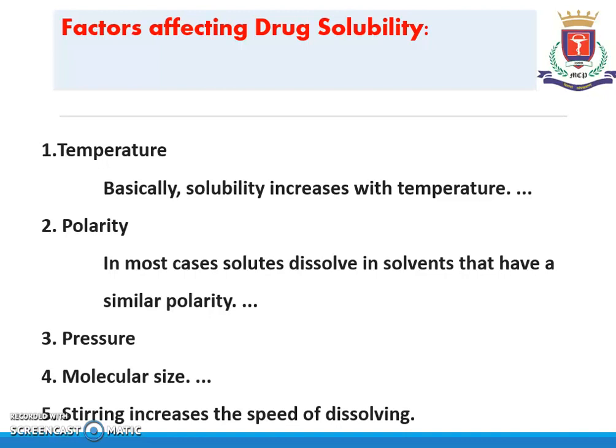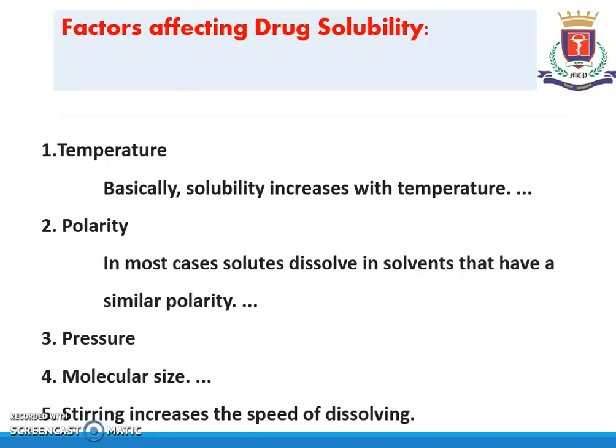The next important factor is polarity. Most solutes dissolve in the solvents that have the same polarity. We have studied this as like dissolves like.